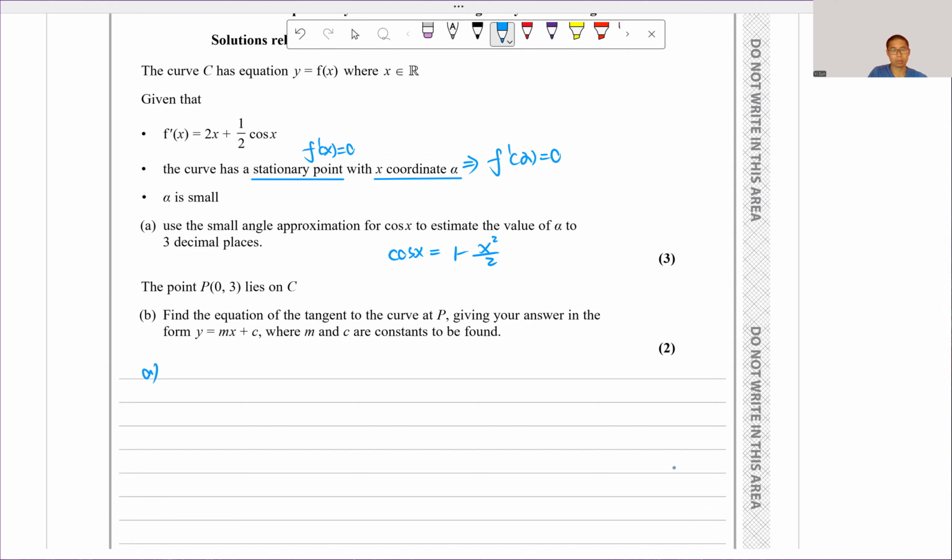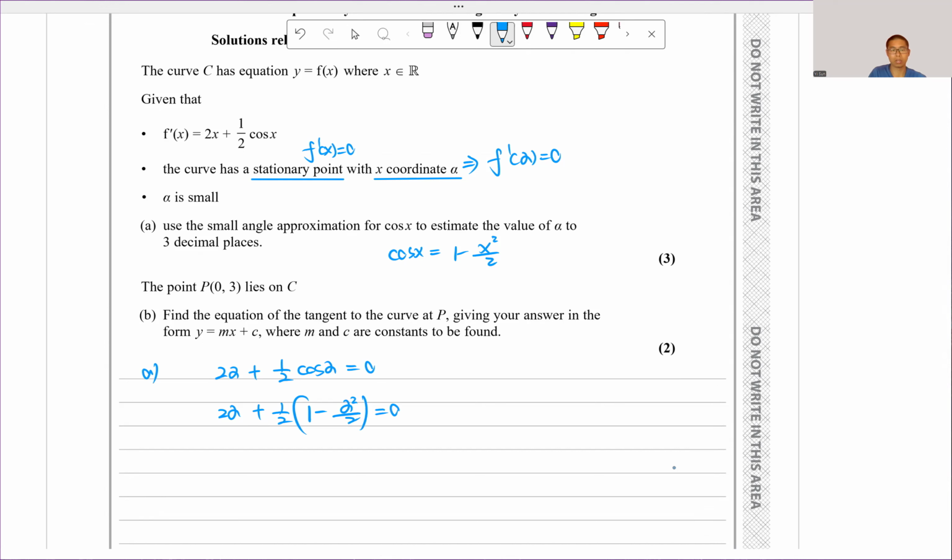So we know alpha is a stationary point. That is when the derivative equal to 0. So we can just let the derivative equal to 0. So 2 alpha plus half cos alpha equal to 0. And then because alpha is very small, cos alpha should be 1 minus alpha squared over 2.